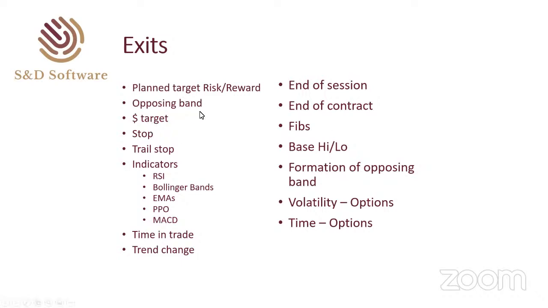And I'm going to be honest with you, I have found that if there's cases where I have an opposing band and I don't take the trade because I don't have 1-to-1 or 3-to-1, whatever my goal is, to the opposing band, and I found opposing bands, depending on the time of day and what you're trading, they really don't create a problem. I would actually lose more money by not taking those trades.